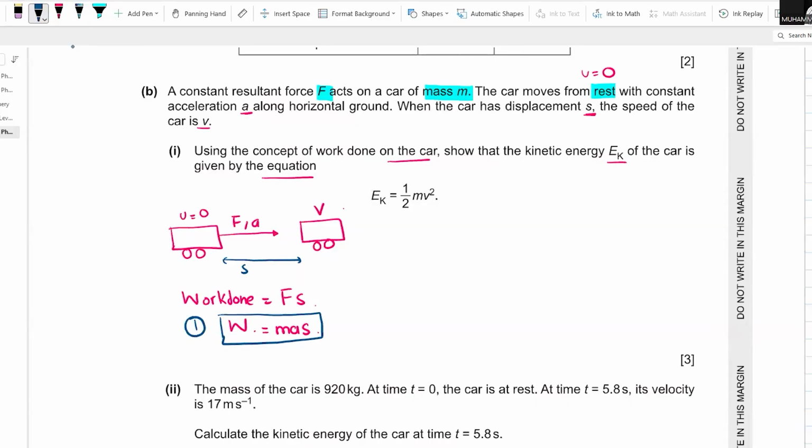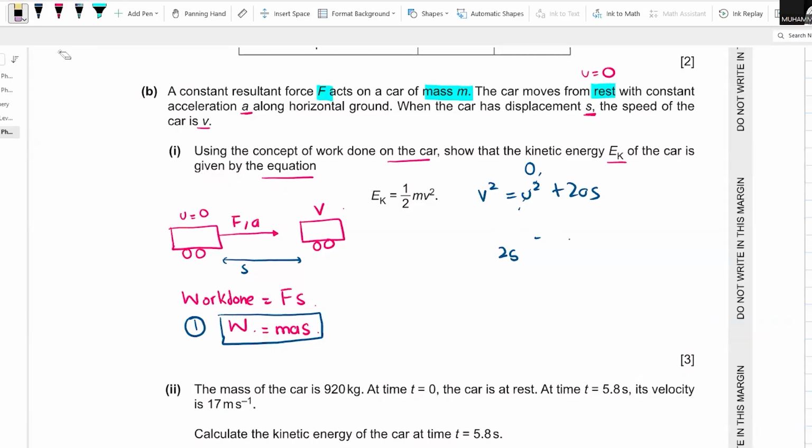Okay. Now let's apply some equation of kinematics. You can say v square is equals to u square plus 2as. This initial velocity u becomes 0. Final velocity is v. So v square divided by 2s is equals to acceleration.